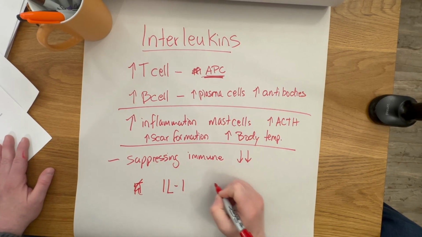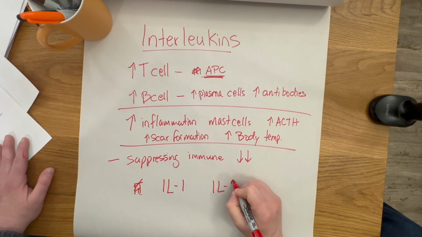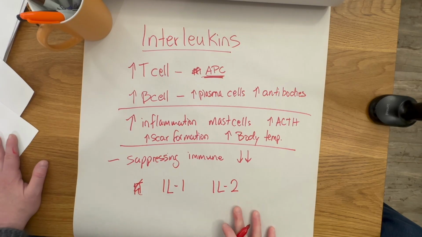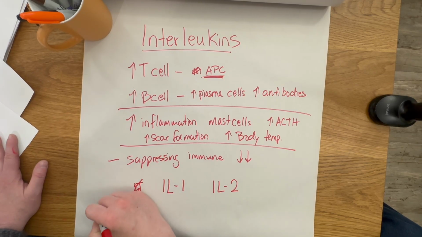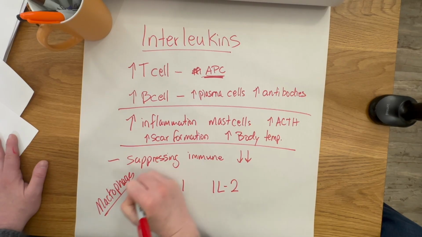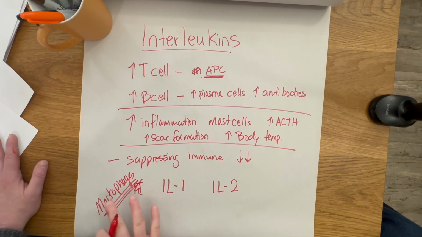Some specific interleukins are interleukin 1 and interleukin 2, okay? These are really important in stimulating and maintaining the immune responses. They're released by activated macrophages. Remember, macrophages have run into an antigen and eaten it, so they're activated and release these.